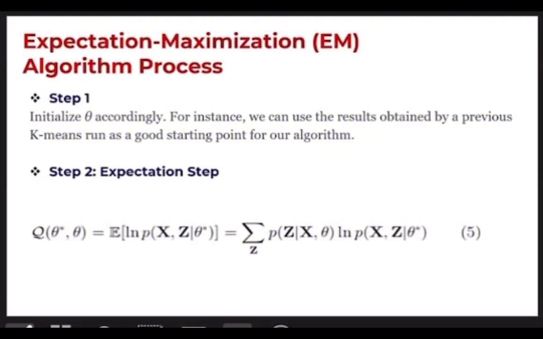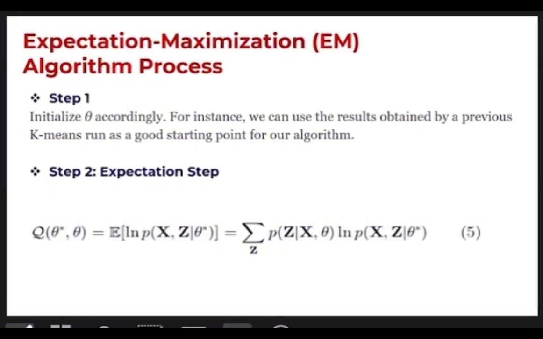We actually want to get the maximum values. We want to get the parameters pi, mu, and variance covariance, and we need to initialize theta. The good way to start is to use k-means. You remember we've done the k-means algorithm in this class.